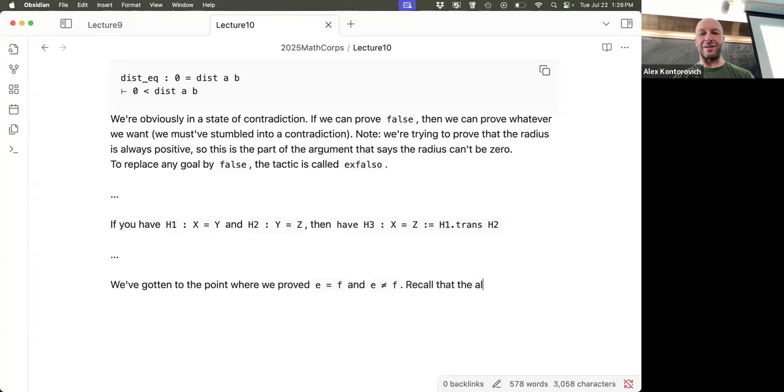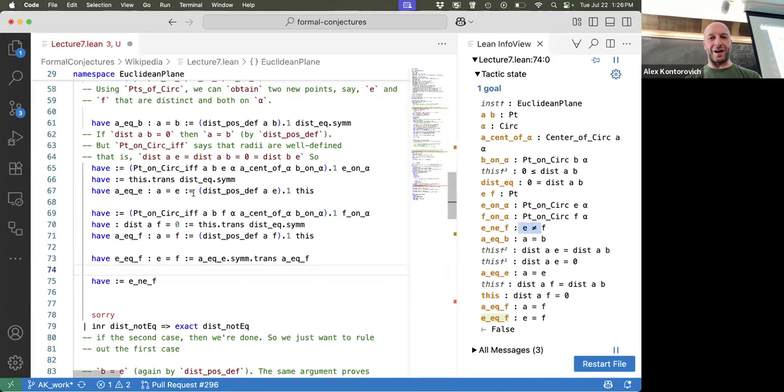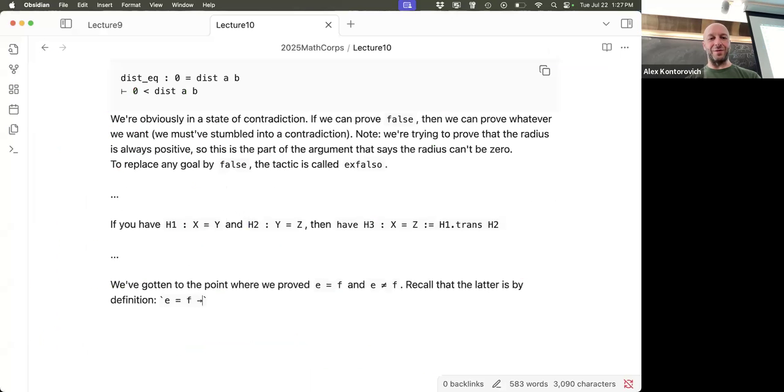Recall that the latter, this E not equals F, is by definition E equals F implies, give me an arrow, thank you, implies false. E does not equal F by definition means if you can prove E equals F, then you can prove false.